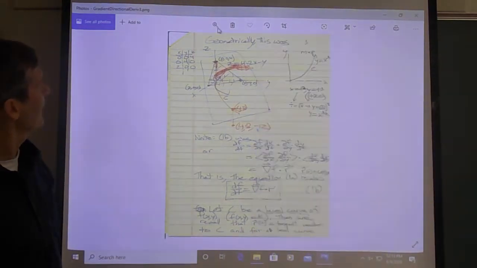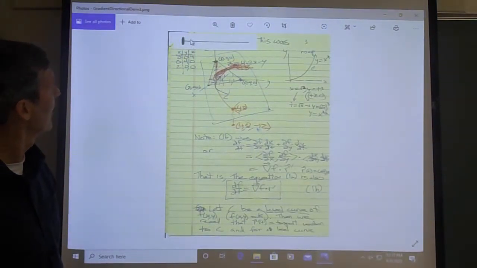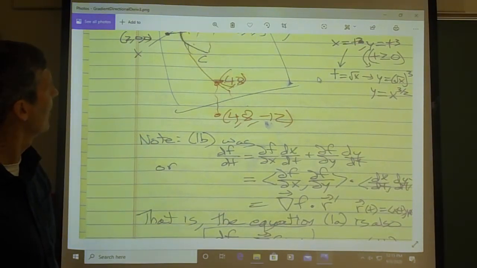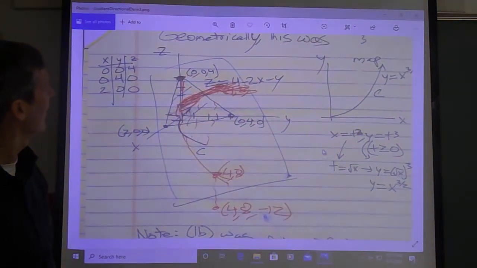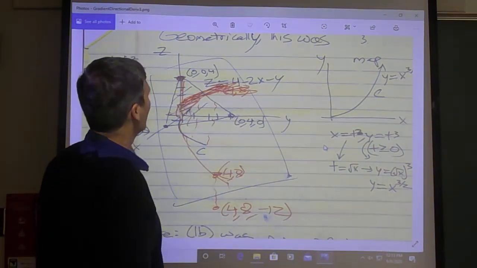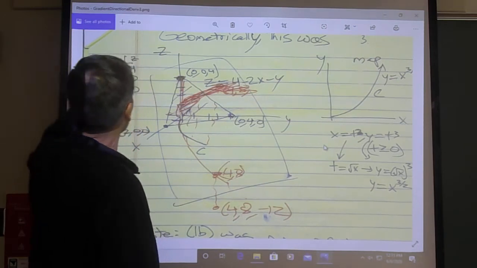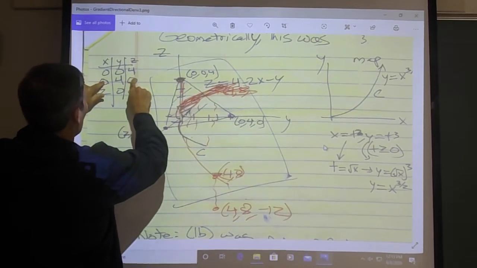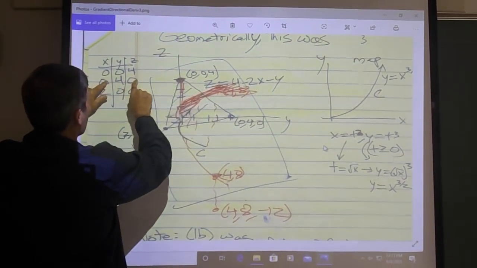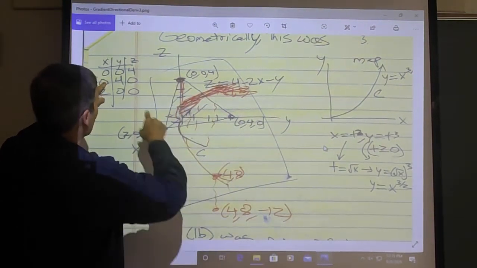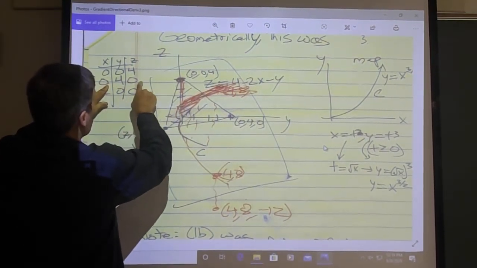Geometrically, this is what we were doing. The surface, we can plot it easily, right? If we just take x equals 0, y equals 0 in that equation for the surface, we get z equals 4, so we can plot 0, 0, 4. If we put x and z equals 0 into the equation, 4 minus 2x minus y, we get the point 0, 4, 0.